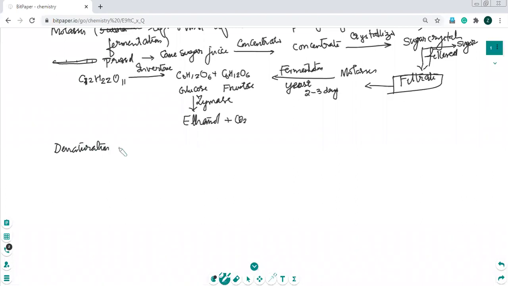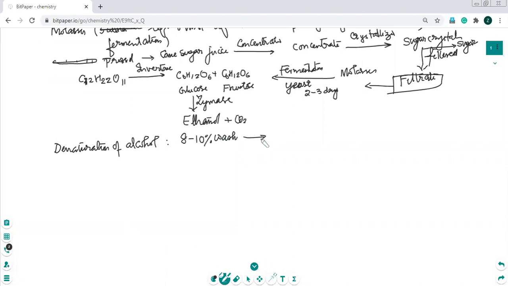Now let us look at denaturation of alcohol. The alcohol which is obtained by this will be containing 8 to 10% of alcohol, and that is what is called wash.